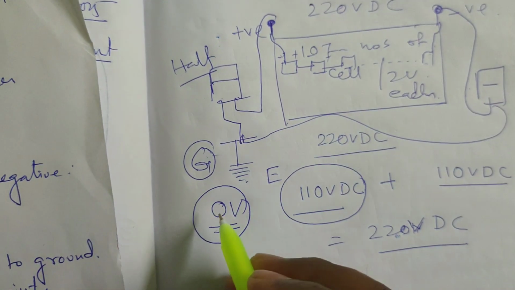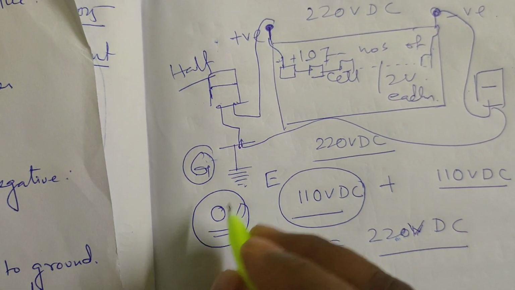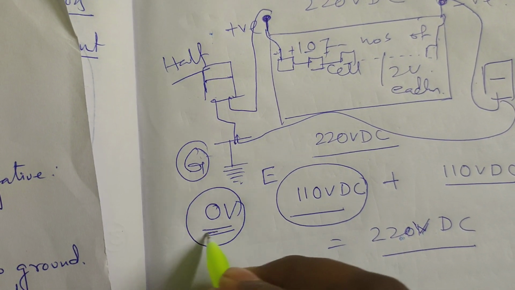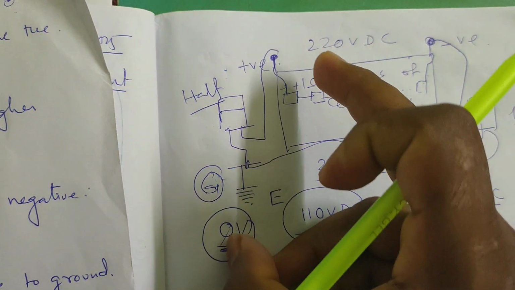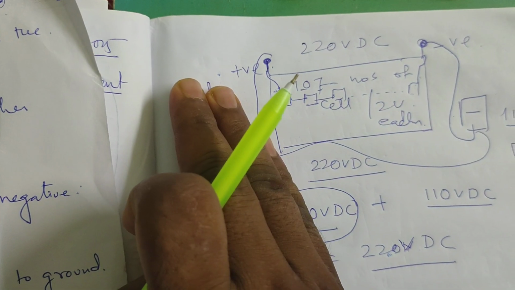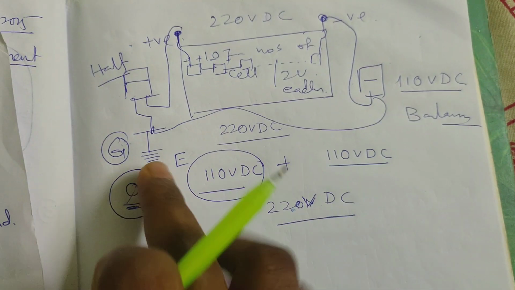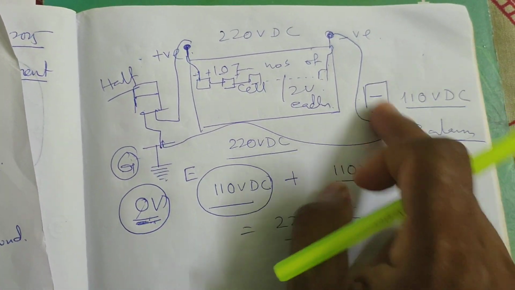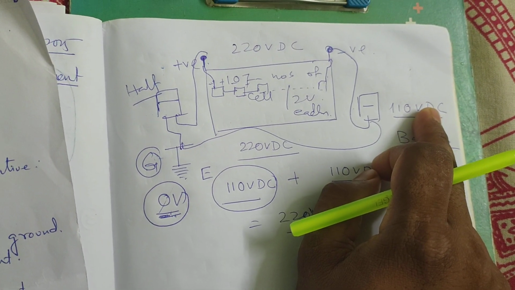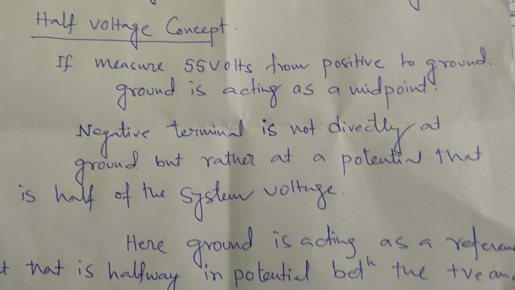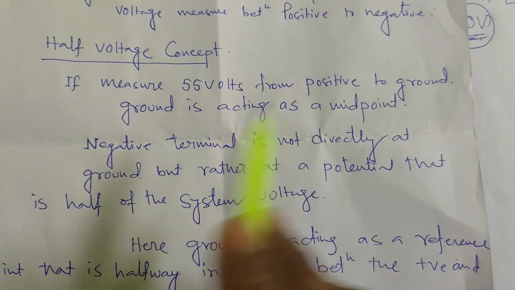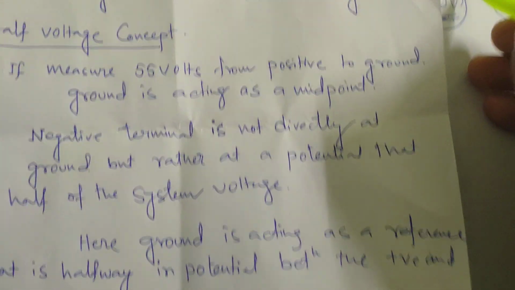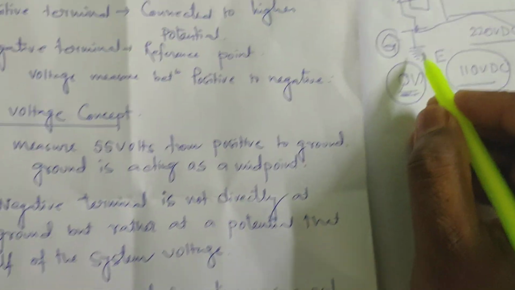We all know that the earth potential is 0 volt. So between the positive terminal and earth you will get half of the potential voltage, and between the negative terminal and earth or ground you will also get half of the potential voltage. So if you measure 55 volt from positive to ground, the ground is acting as a midway, a midpoint.